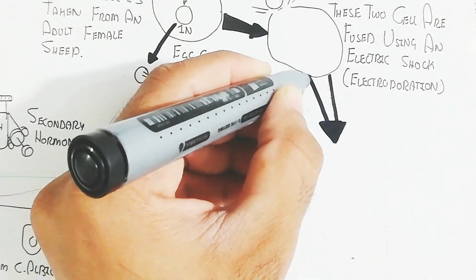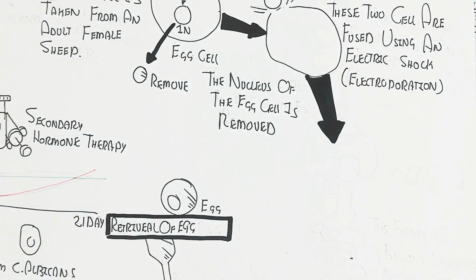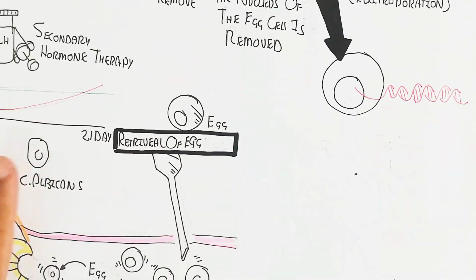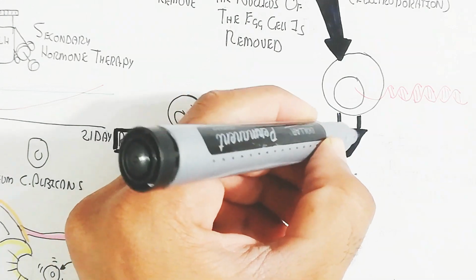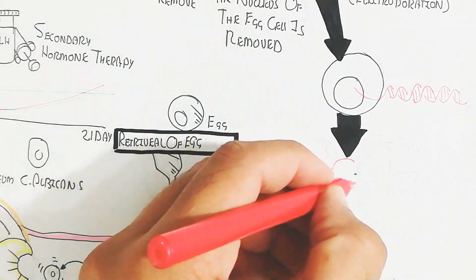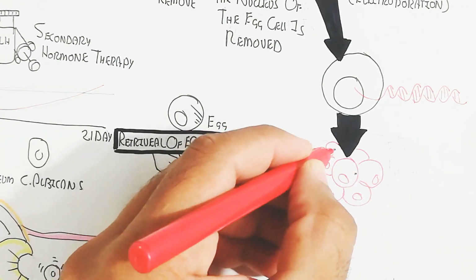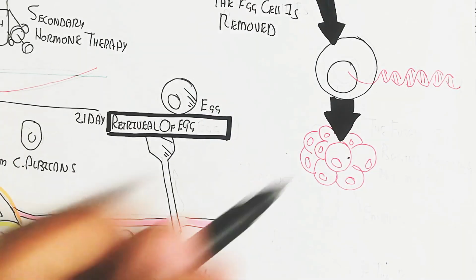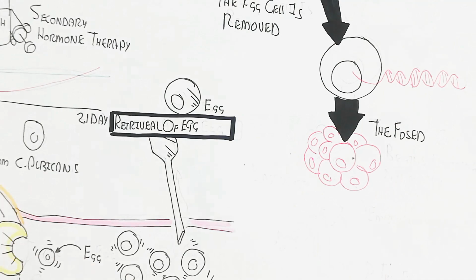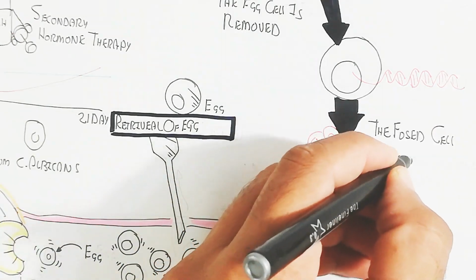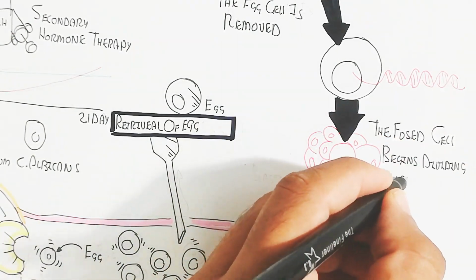After providing the nucleus, it becomes zygote-like again, with a complete nucleus from the donor. The fused cell begins dividing normally to form a blastocyst, which is the embryo.